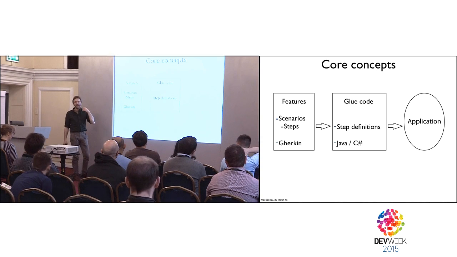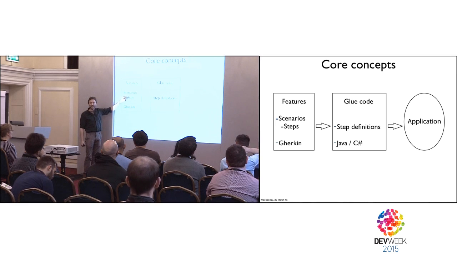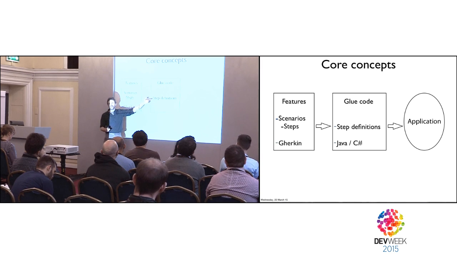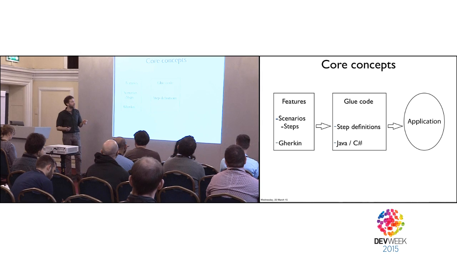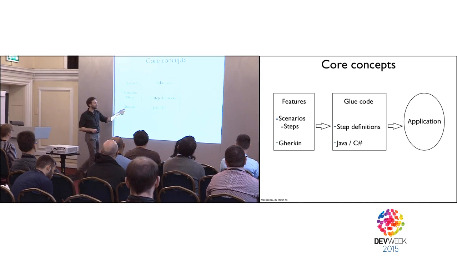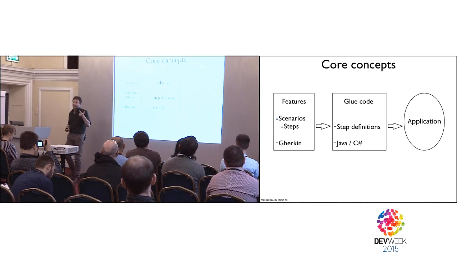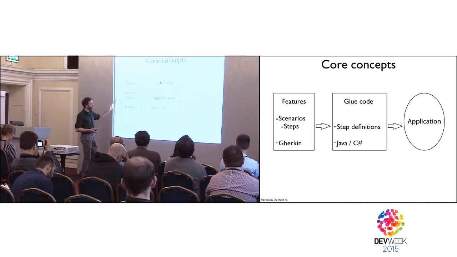And the glue code is made up of step definitions. So every step, as in every sentence that begins with given or when or then, has a corresponding step definition that it will cause to execute. So it's a one-to-one mapping. And the step definitions are written in the language of your tool. So with Cucumber JVM, it might be Java, or in fact Groovy, or Scala, or Clojure. In SpecFlow, it'll be C#.